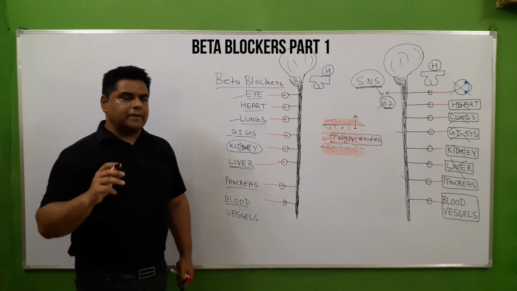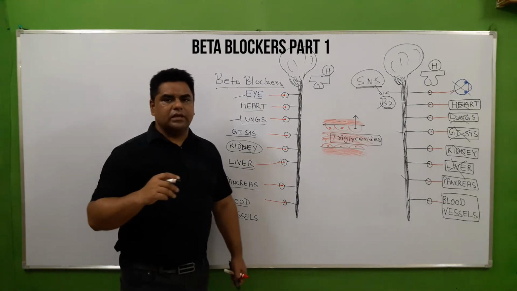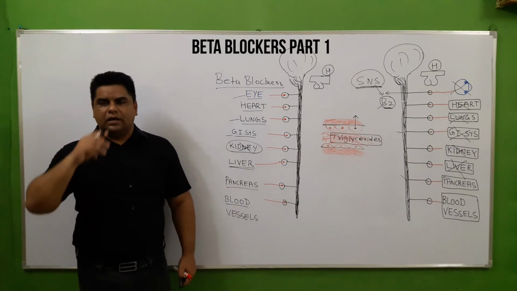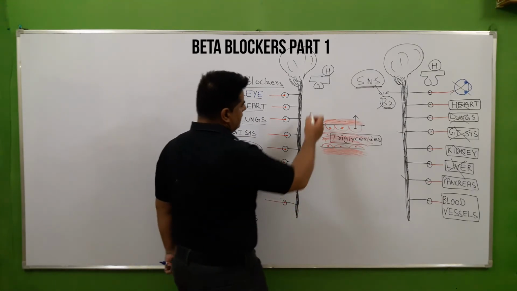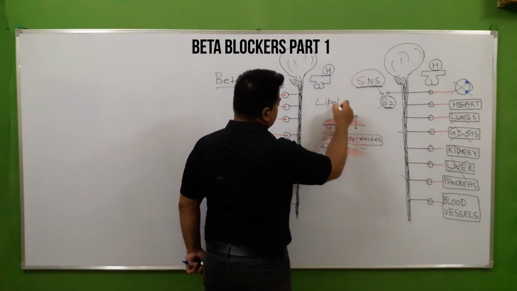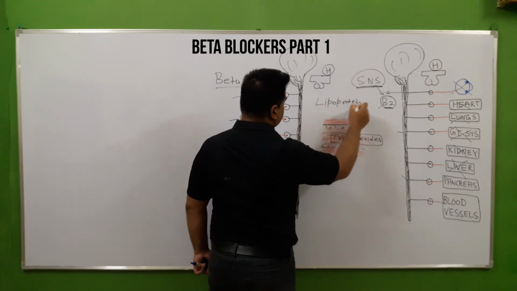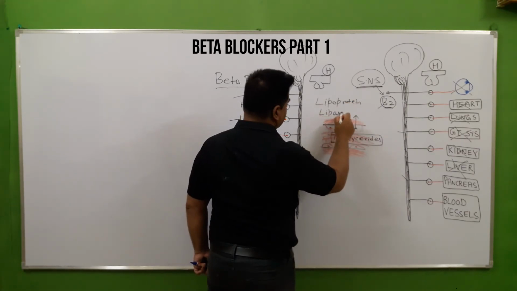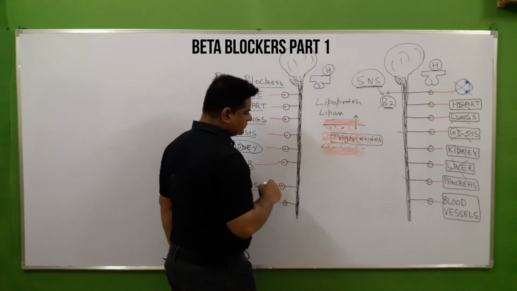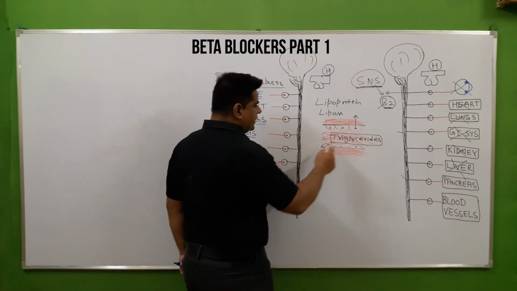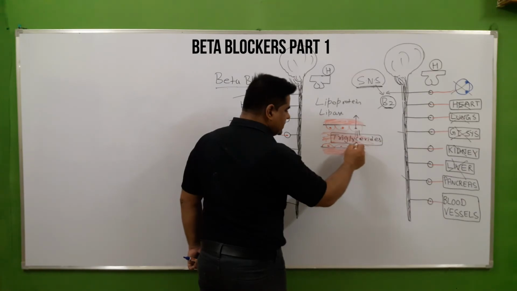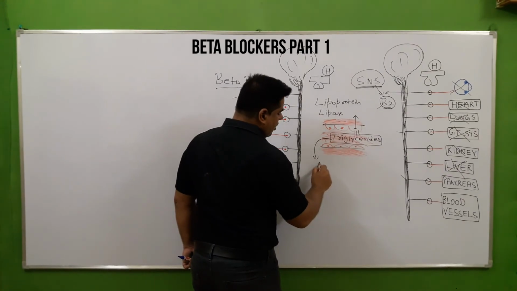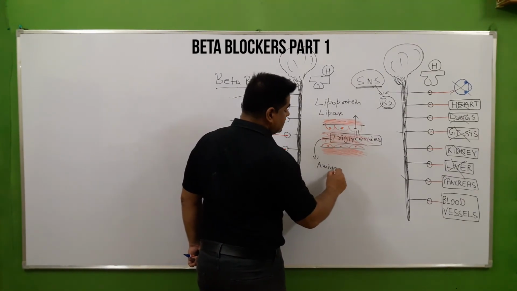Please note it down, lipase enzyme, or it is also known as lipoprotein lipase. So what will this enzyme do? It will convert or break down these triglycerides into simpler forms.